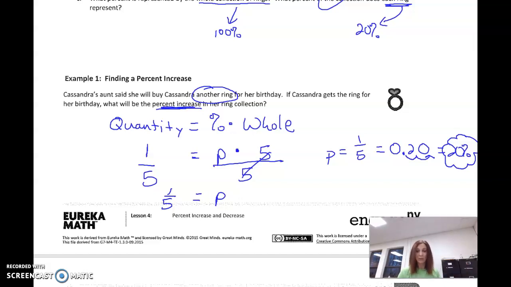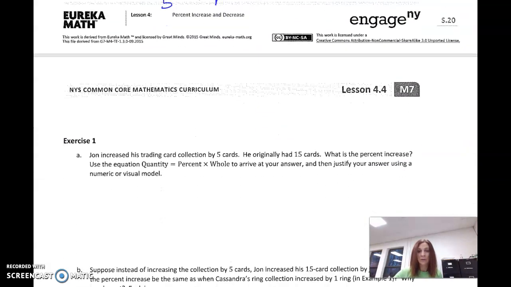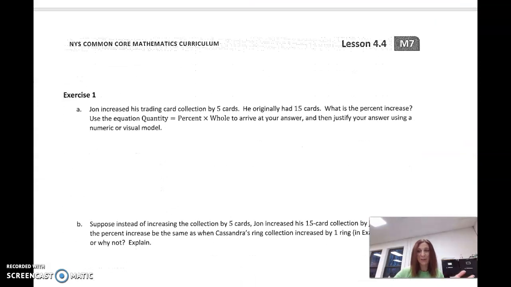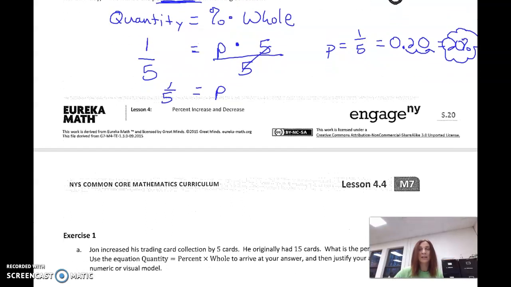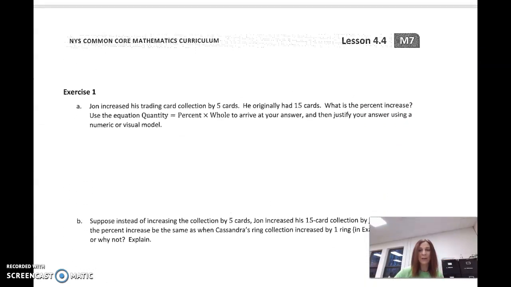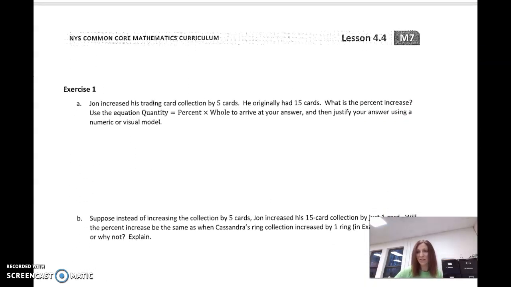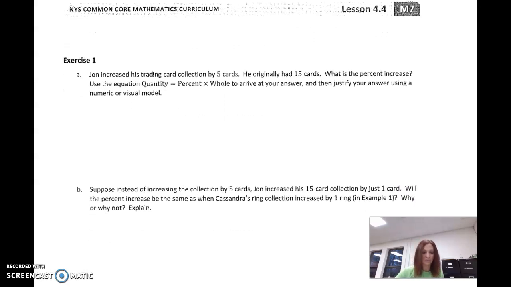Sorry, grabbing my notes here. That leads us to a new type of formula. We could do this every single time with quantity equals percent times whole, but we could do something a little different, which you've seen actually in our power standards.